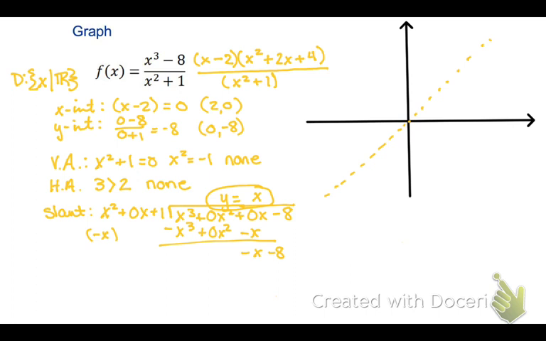Okay, so let's put everything on our graph. I always put everything on my graph before I do my intervals. I think it's easier to see them. You don't have to.